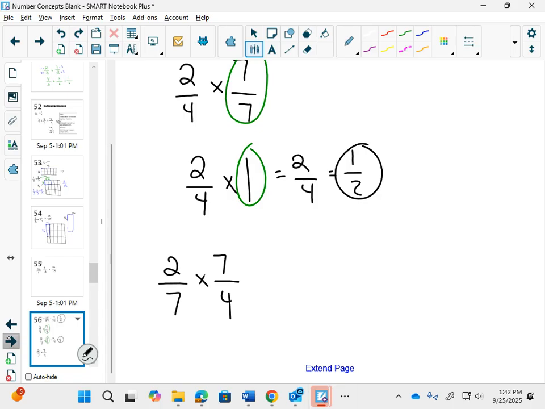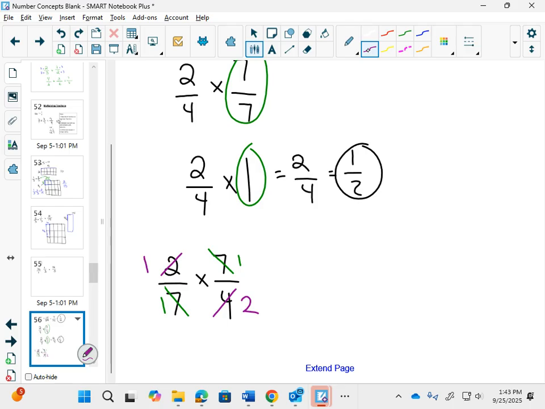But you can also reduce fractions if possible, and you are not limited to just the individual fractions. So for example, in this question I could say the 7 and the 7 simplify to 1 over 1. And the 2 over 4, those both divide by 2. I could simplify that to be 1 and 2.